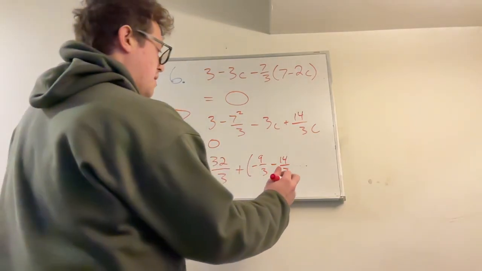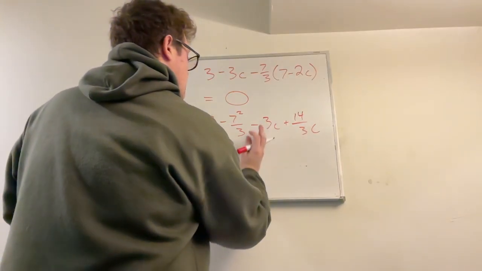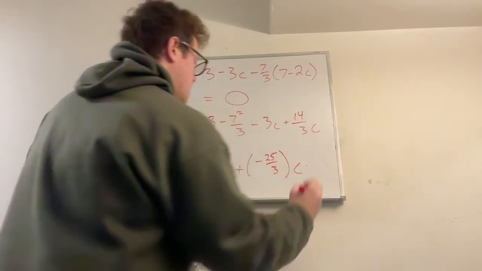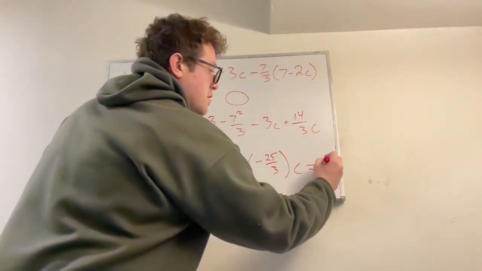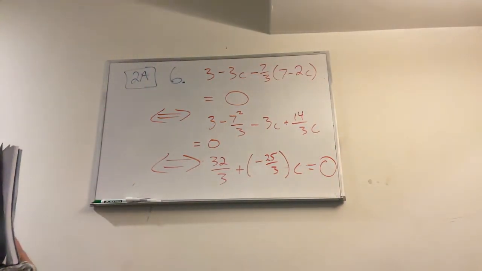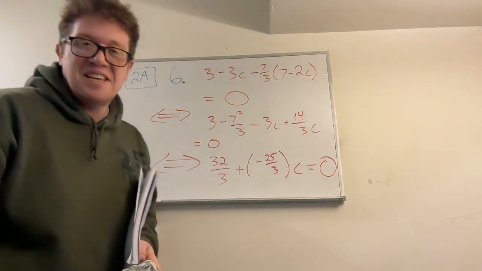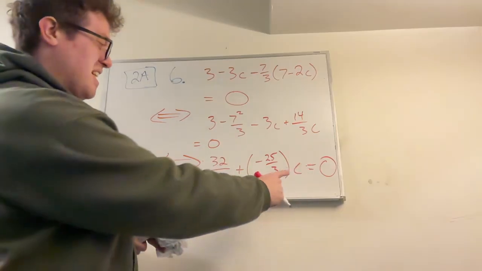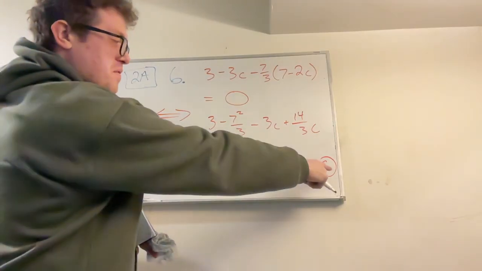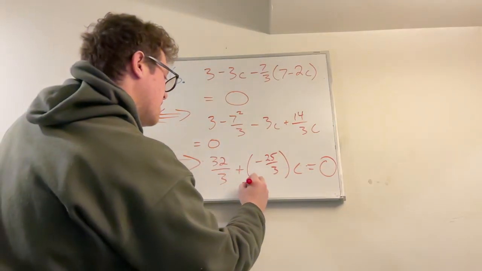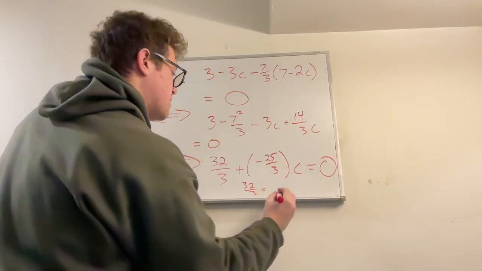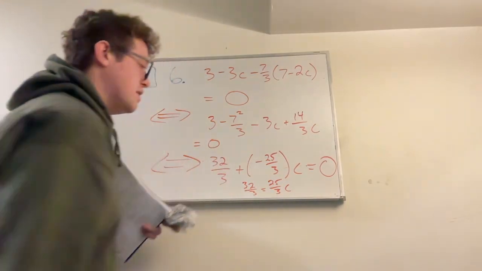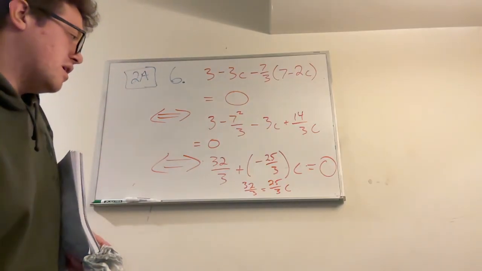So minus 25 thirds times c equals 0. You can see I didn't do this out in my notes. This is the only thing I didn't do out. Right, so then you can move this to the other side. 32 thirds is equal to 25 thirds times c. What did I do wrong?